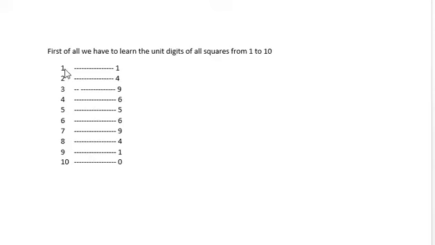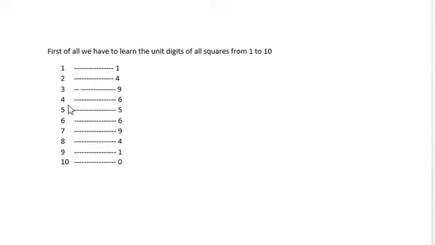We know that the square of 1 is 1, so the unit digit is 1. Similarly, the square of 2 is 4, so the unit digit will be 4. The square of 3 is 9, so the unit digit is 9 itself.